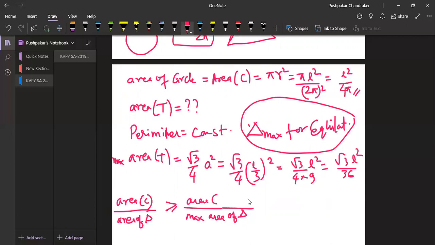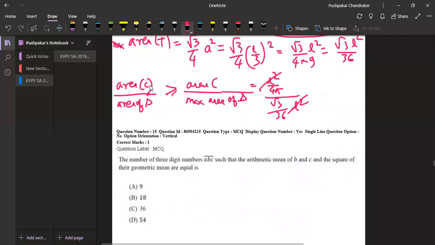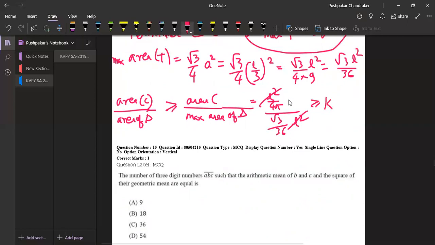You can notice this value is constant, as L square gets cancelled. So the ratio of the areas is always greater than or equal to a constant k.